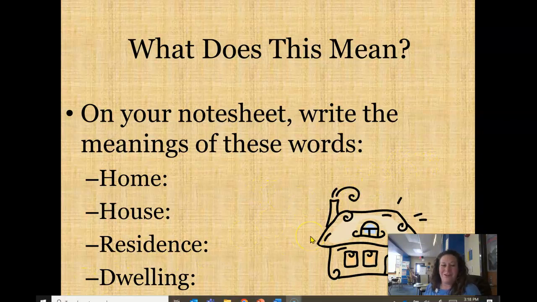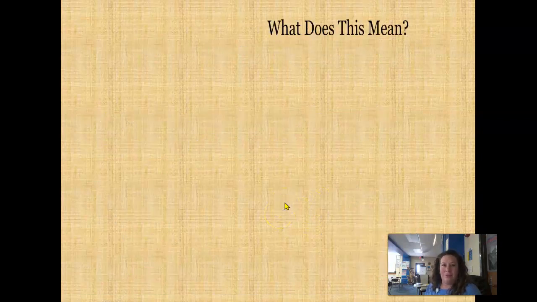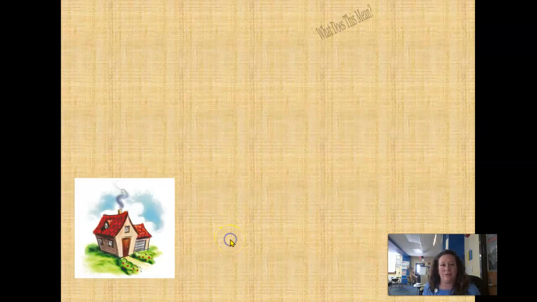Welcome back from writing your notes. Hopefully, all of those things that you kind of thought of in your head, what does it mean? The words home, house, residence, and dwelling all have the very same basic definition. But the meaning and the feeling of those words is where it gets different, right?